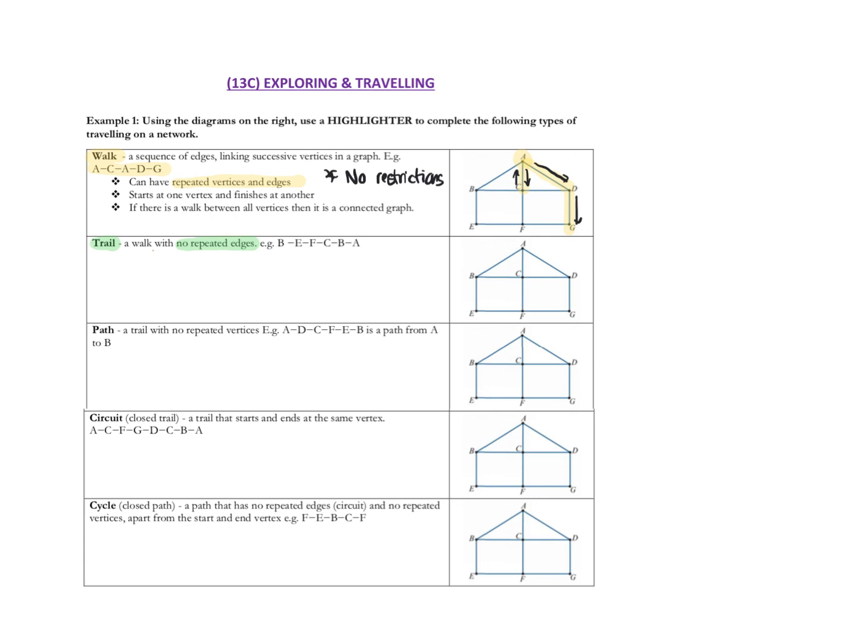So if we do that walk over here that they've given for the trail, we start at B, and we go to E, then F, then C, then back to B. I've gone to B twice, but I haven't repeated an edge.